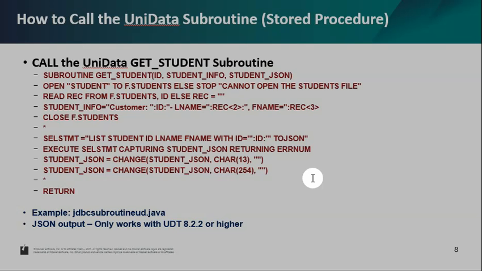Then you can open the student file, read it, and get the dynamic object to get a couple of fields like ID, last name, and first name. Another example shows that you can actually get the output in JSON format. This only supports UniData 8.2.2 or later. It is not supported on 8.2.1.